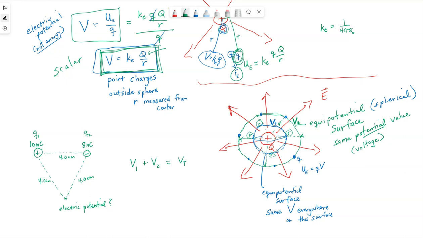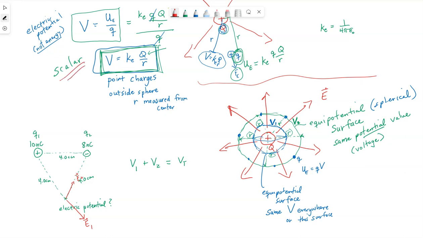The beauty is that it's not a vector. If you remember vectors, the electric field due to the 10, that wasn't drawn very well, but it would point away from that charge. It would have X and Y components. The electric field due to Q2 would have X and Y components. To find the total electric field, we would need to write those vectors in terms of their X and Y components and add them together vectorially.